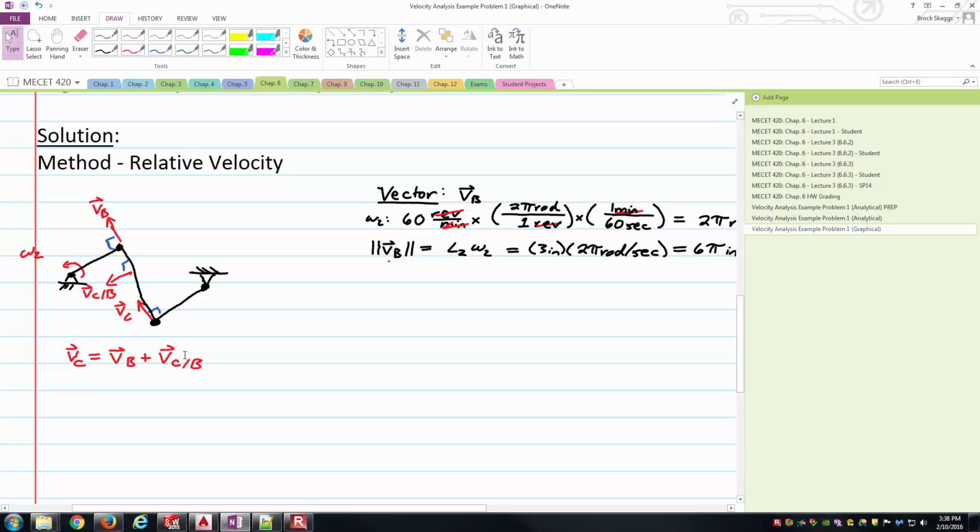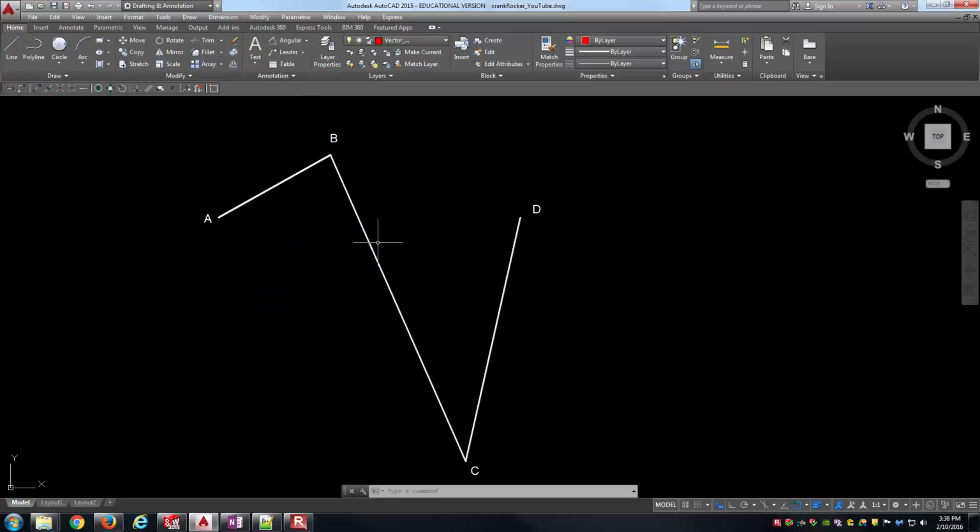And so we know velocity of C relative to B needs to be perpendicular to the line representing the coupler, but we don't know the magnitude yet, so we can't really draw the length of the line up to this point. And so we can handle this one way by drawing a line, and here I'm going to put it on a different layer.